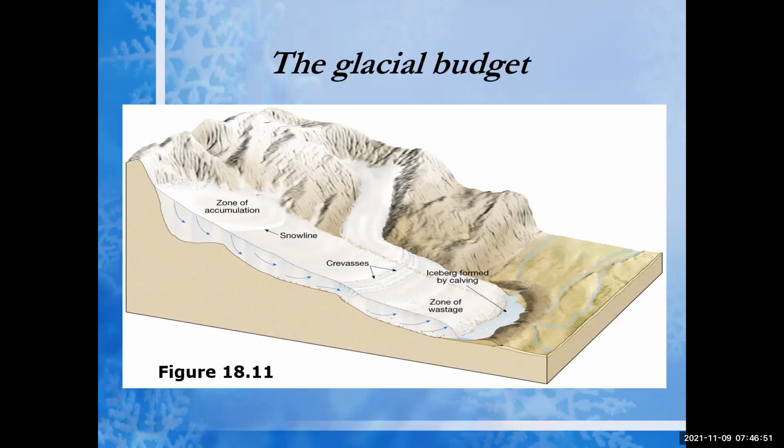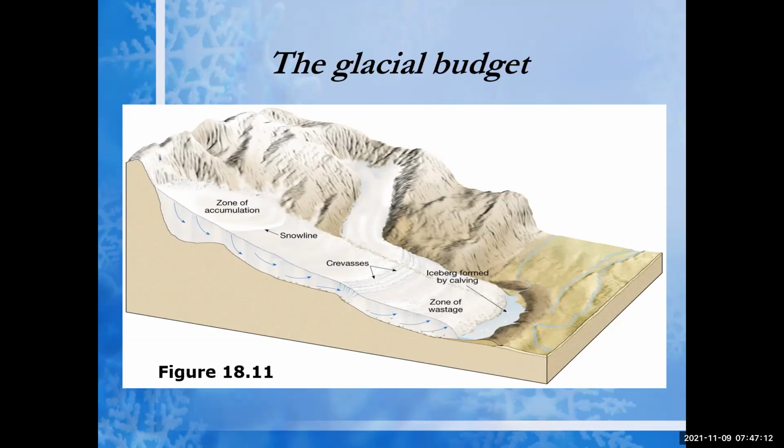Under very cool time periods, when you might get lots of precipitation, the zone of accumulation is going to be larger, because ambient temperatures surrounding the glacier are low, and thus the snow line extends a little bit lower.